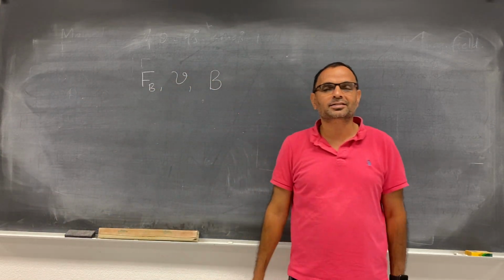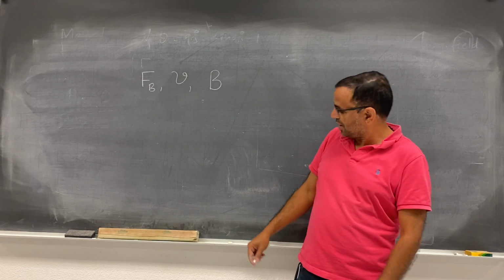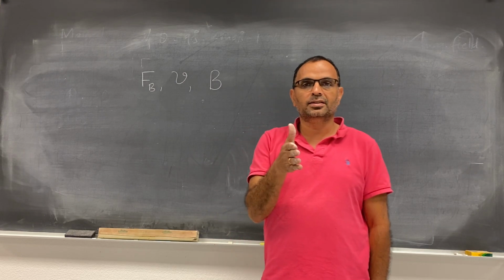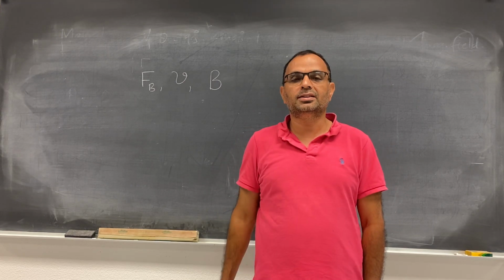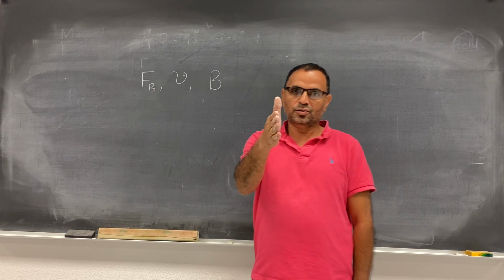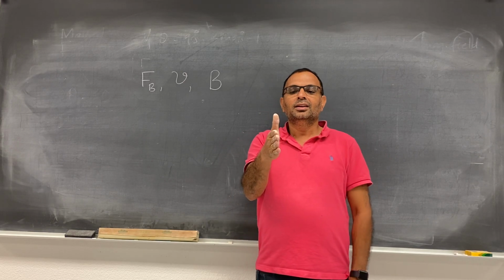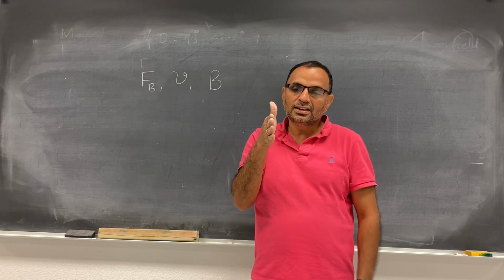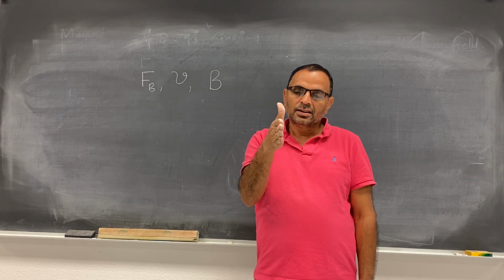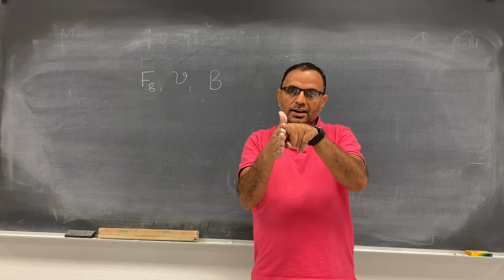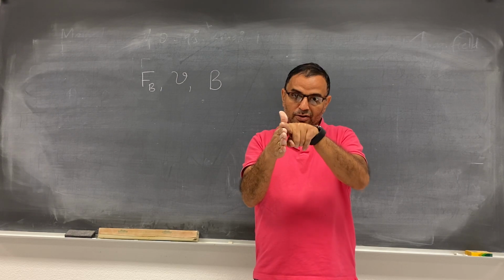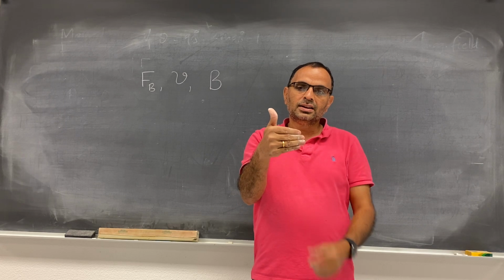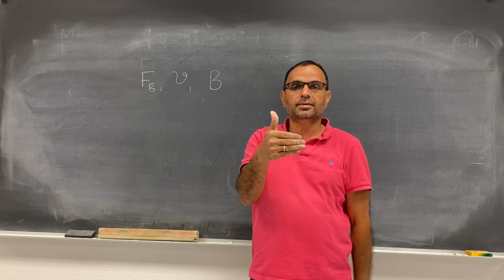We have to give the direction then. So how do you figure out the direction? Again, use your right hand. You can do it. This straight finger gives you the direction of the velocity V. And this curved finger gives you the direction of the magnetic field.